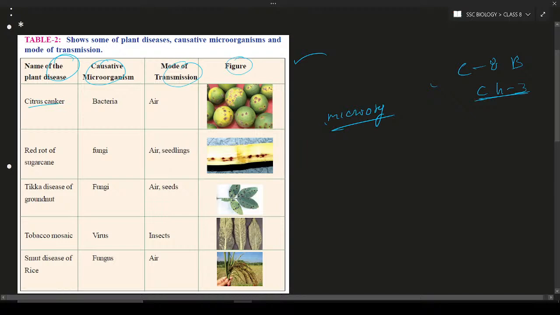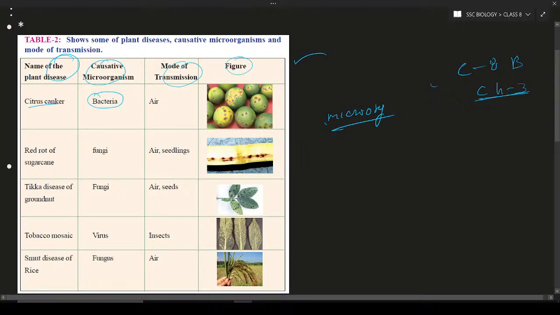Disease is nothing but improper functioning of the organism due to another microorganism that has invaded it. Diseases are mainly caused by microorganisms, especially bacteria, fungi, viruses, and so on.